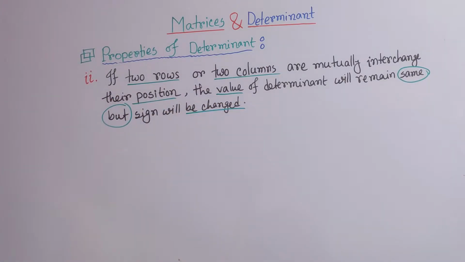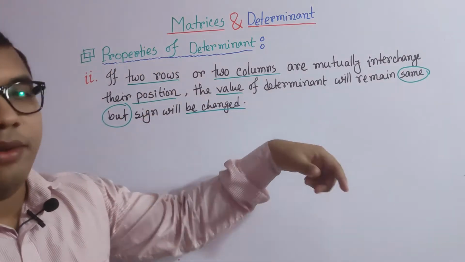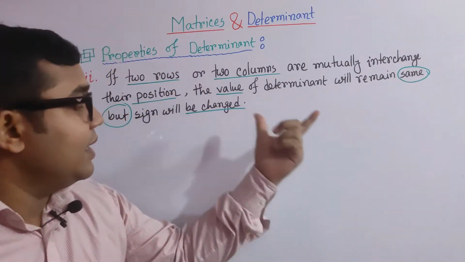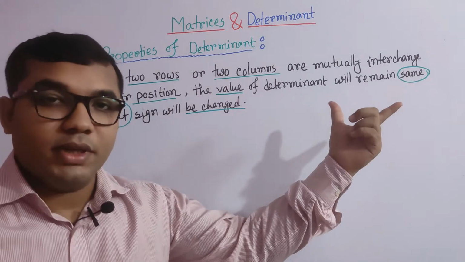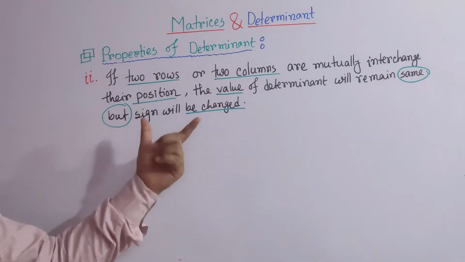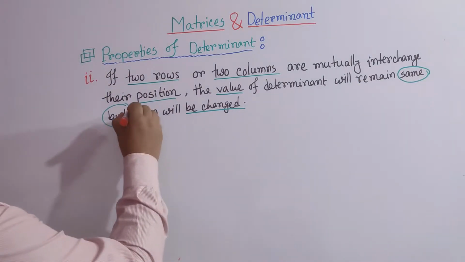So if two rows or two columns are mutually interchanged, the value of the determinant will be the same, but the sign should be changed.